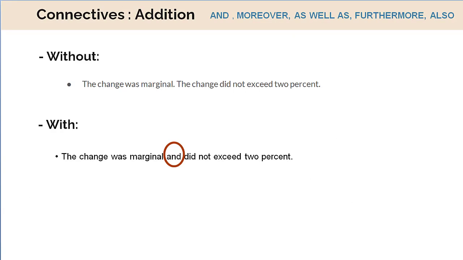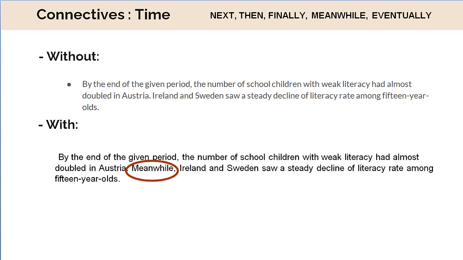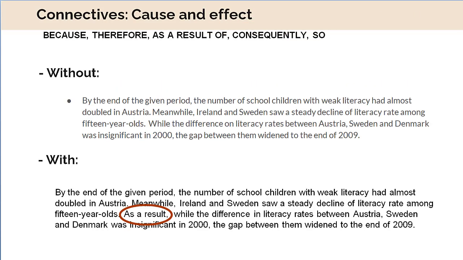Let's take a look at some more of them. The most common connectives that you are well familiar with are connectives of addition, including and, moreover, as well as, furthermore, and also. Other common connectives are connectives of time: next, then, finally, meanwhile, and eventually.